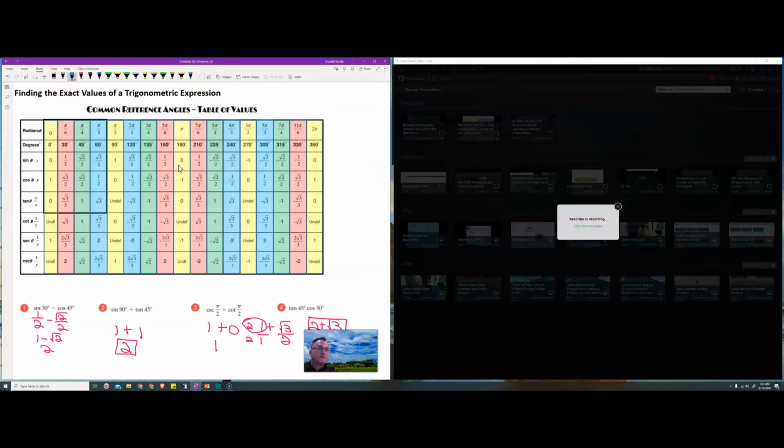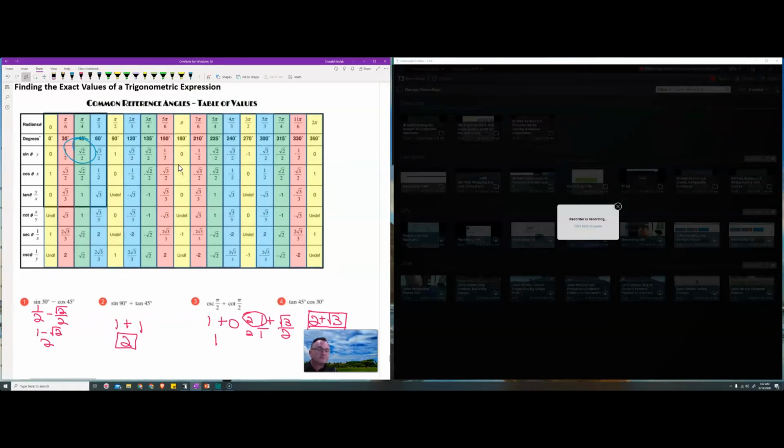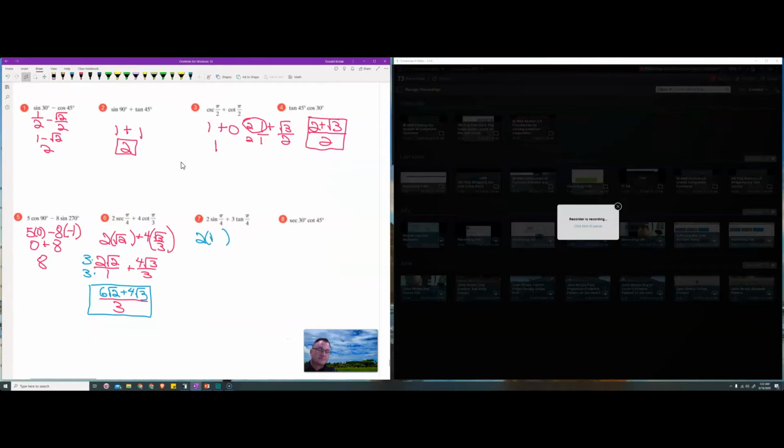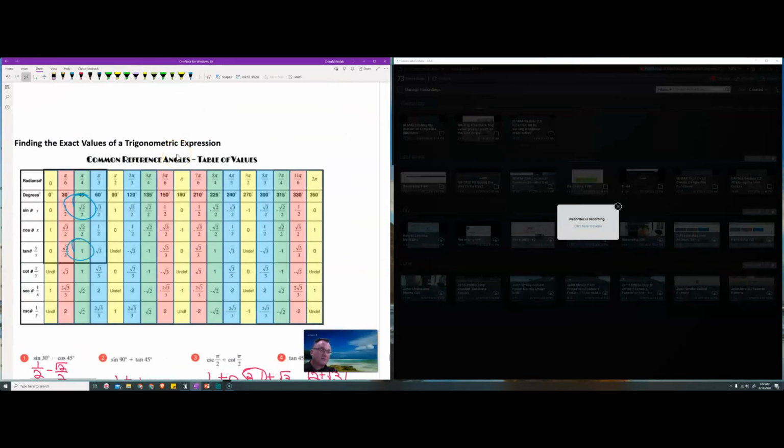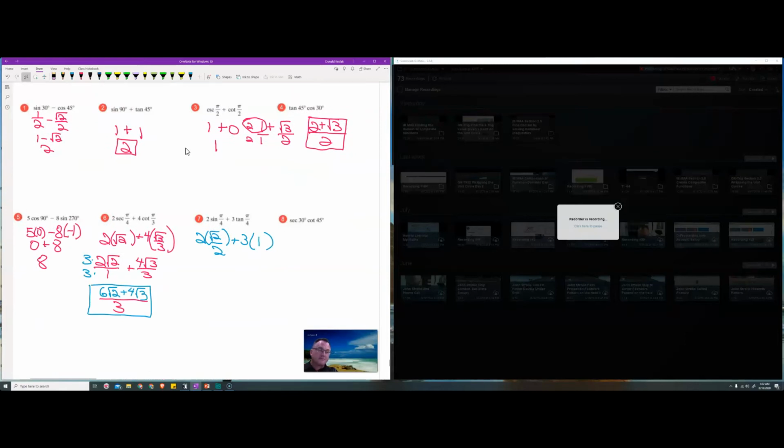Pi over 4 right there. Plus, and then the tangent at pi over 4 is 1. So these 2's cancel, and I end up with the square root of 2 plus 3. And I can't add those because they're not like terms.